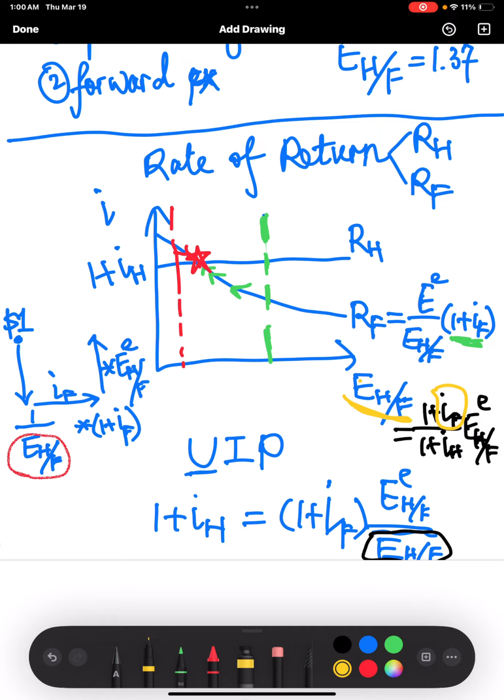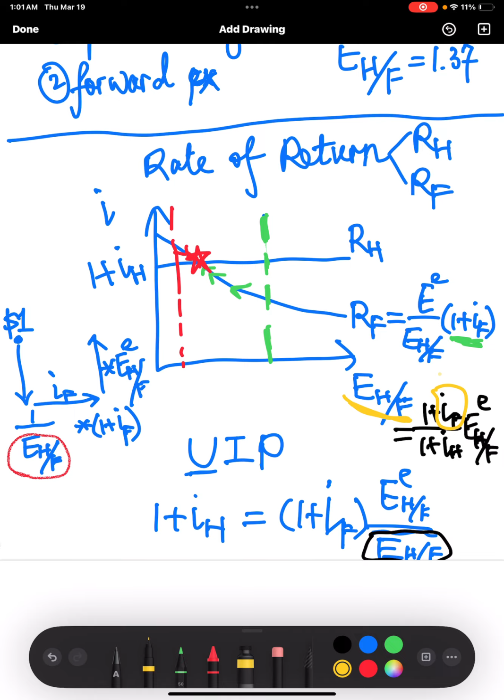Because it makes it less favorable to exchange your home currency to foreign currency to make that gain in the foreign interest rate, since you're offsetting that gain. So to make the interest parity actually work, this is one rule.